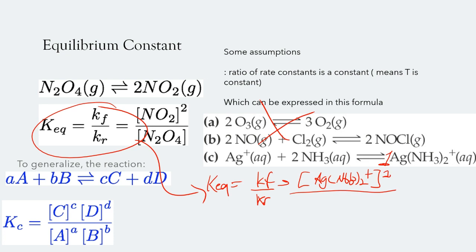Whenever there's none in here, I'll just put a 1 as a habit, just so you won't forget the same procedure with the numbers. Do the same thing: Ag+, put a 1 there. Remember, there's 1 beside there, and then NH3, the number before that turns into a power. So that's it.